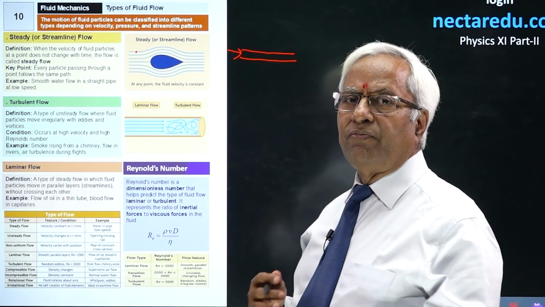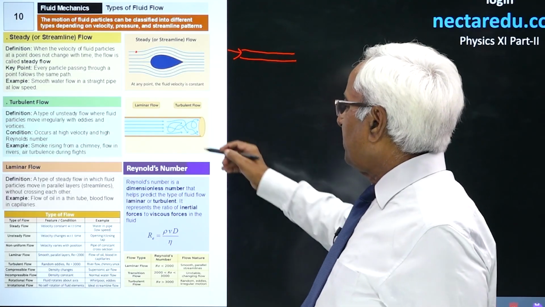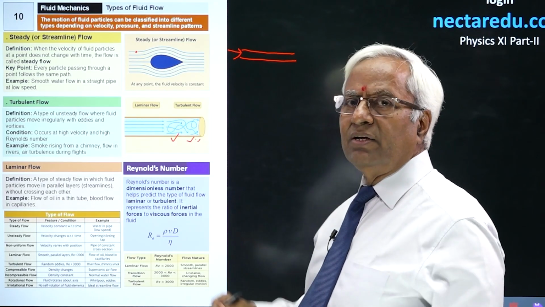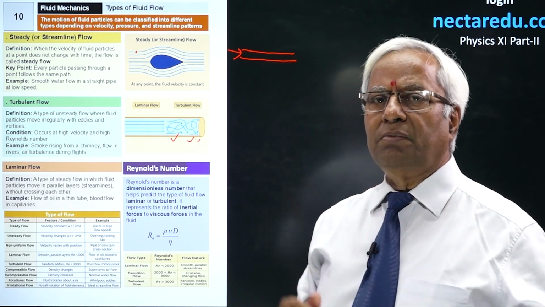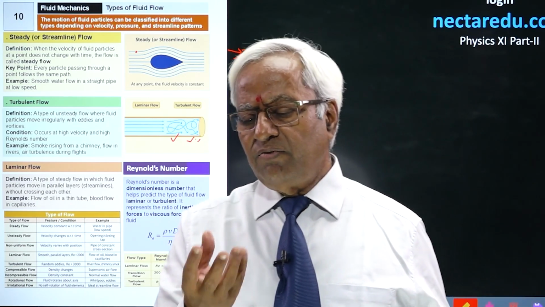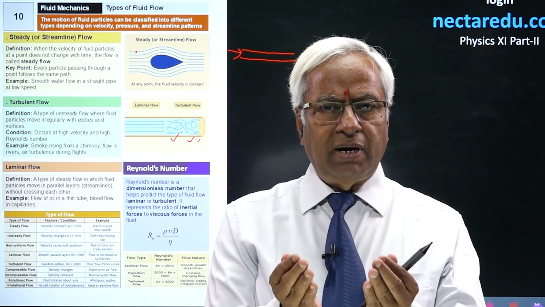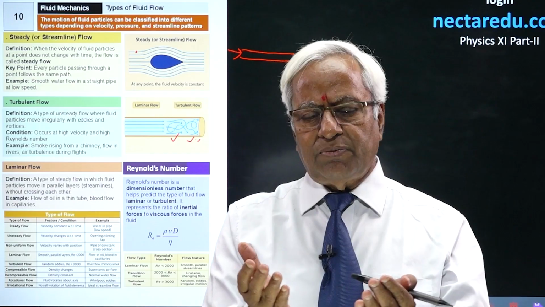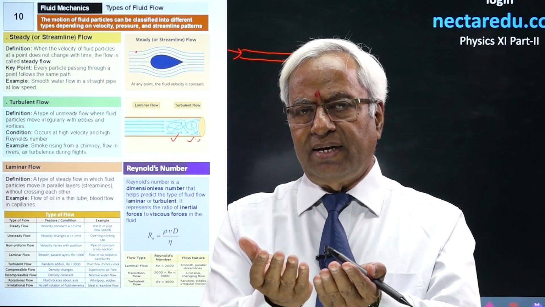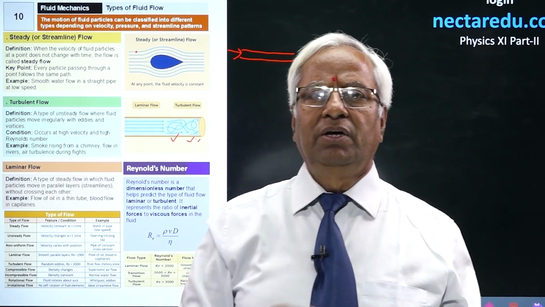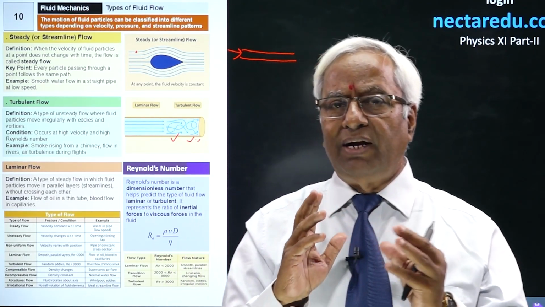In turbulent flow, it's very zigzag. It's shown over here. When you start boiling water in a beaker, convection takes place. There is no well-defined path. Any liquid molecule at the bottom will get heated and go upward by any path, so the path there is not well defined.